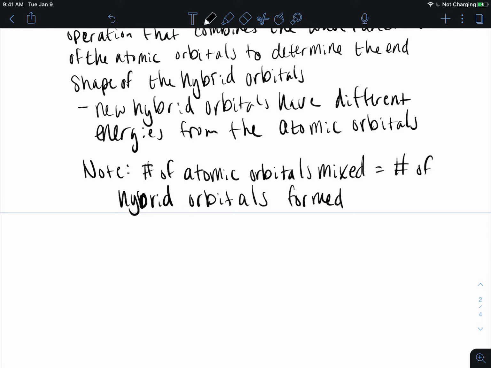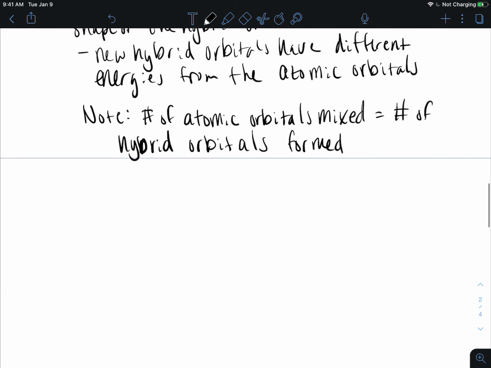Okay, so let's look at the idea of two orbitals. If we take two orbitals and we mix them, with hybrid orbitals we're not overlapping orbitals, we're mixing orbitals. So just keep that as a distinction. When we overlap orbitals, we form bonds. When we mix orbitals, we hybridize them. So our first option for hybridization is sp.